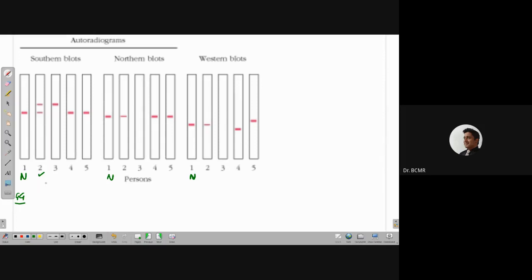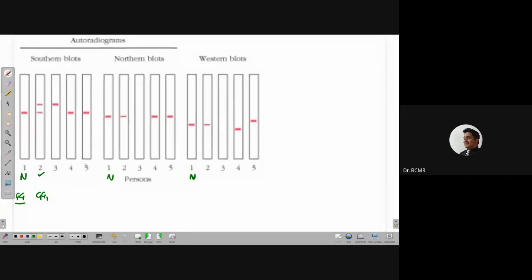And person 2 has one allele that must be G, because only one band corresponds to that of the normal one, whereas the other band is a larger fragment, and we don't know what it is, so it must be a different allele, right? So I'll call that G1.